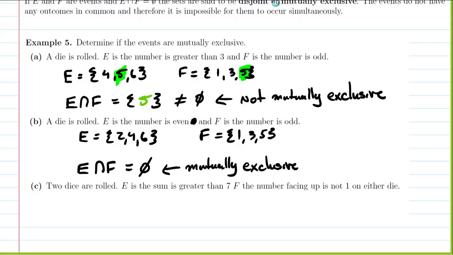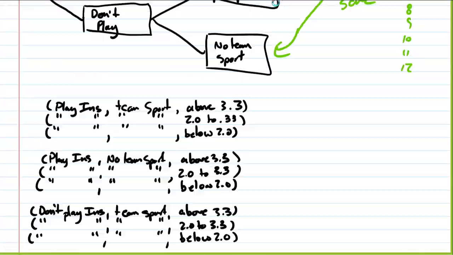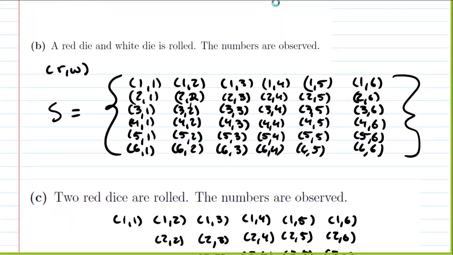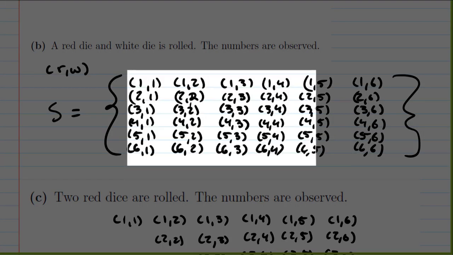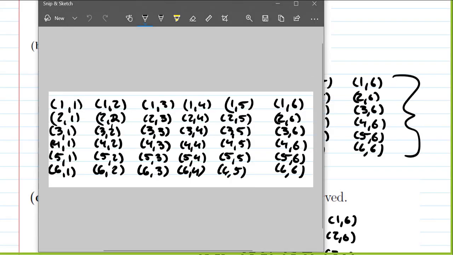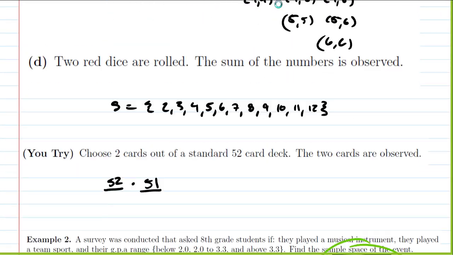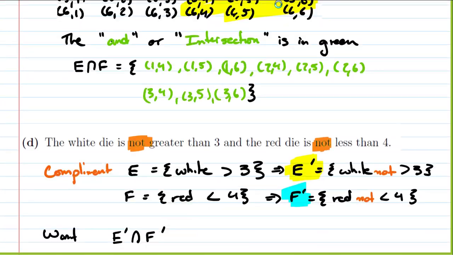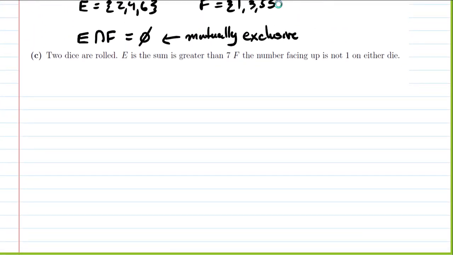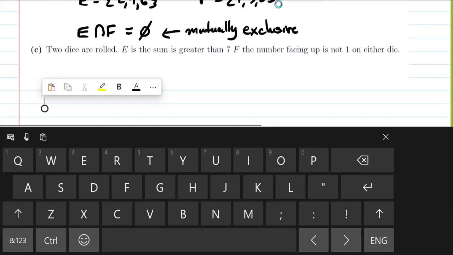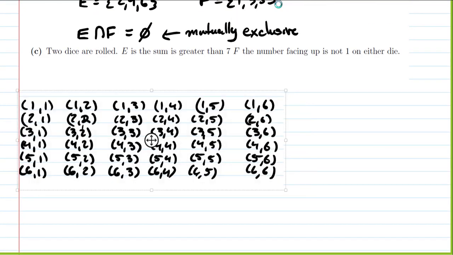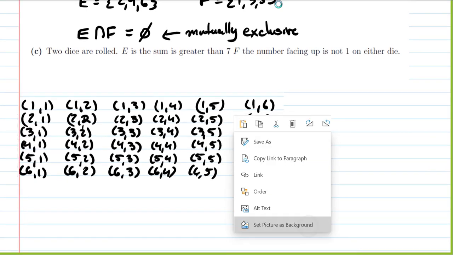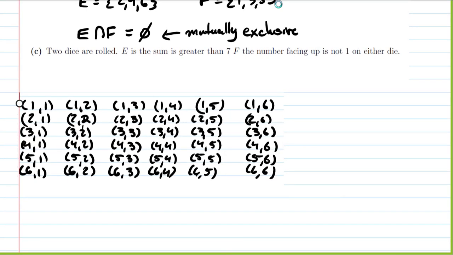I'm going to grab our chart again to help us visualize what the events are. So we have our chart, and our event E is that the sum is greater than 7.